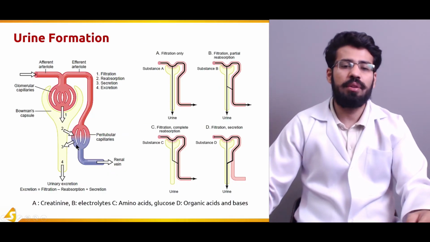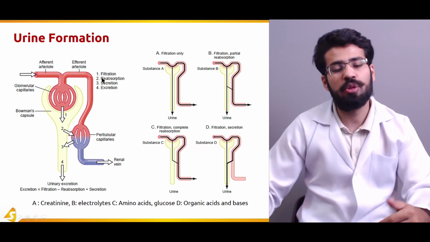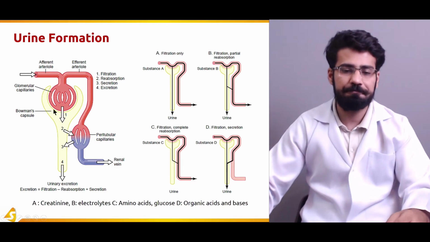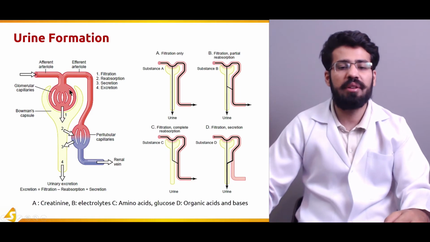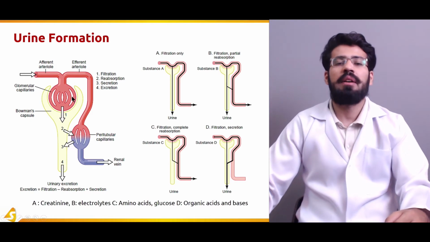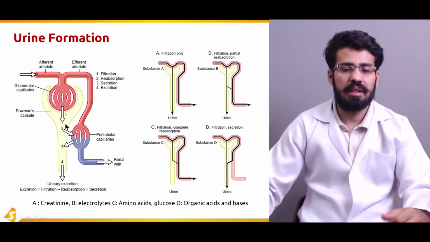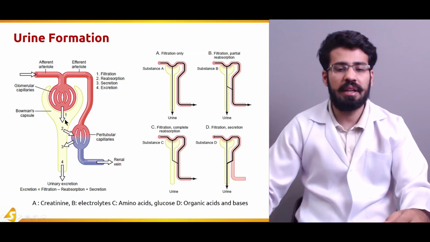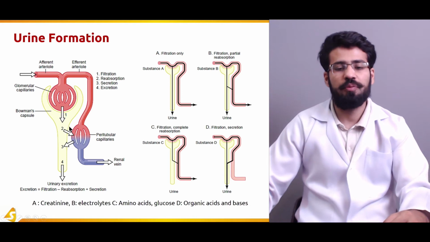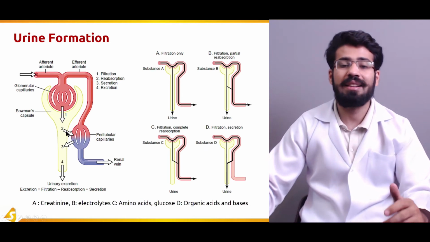Now, talking about urine formation, it can be divided into four major steps. Number one is the filtration. This filtration basically occurs in the glomerular filtrate portion. This here is the Bowman's capsule, and this here is the glomerular filtrate. This is followed by the reabsorption. The reabsorption occurs in the tubules. This is followed by the secretion.